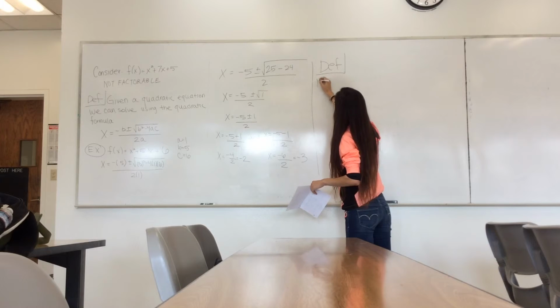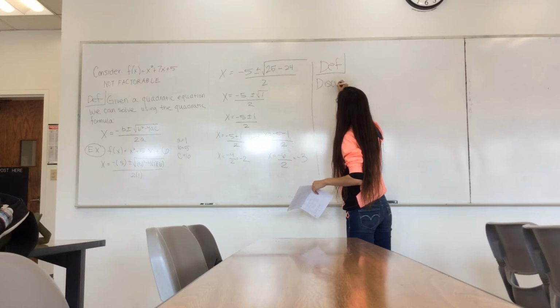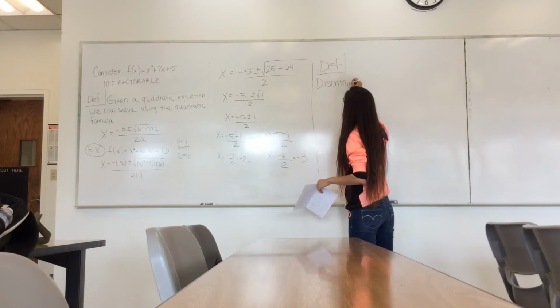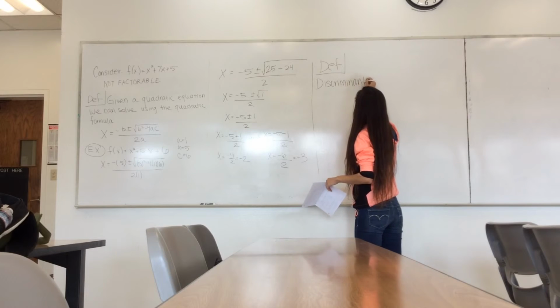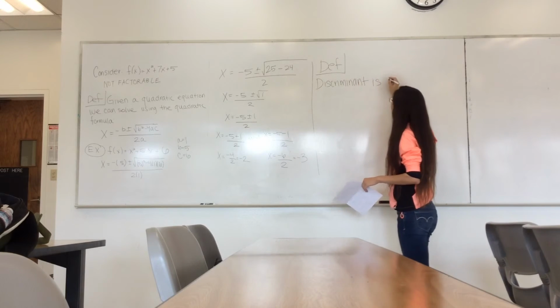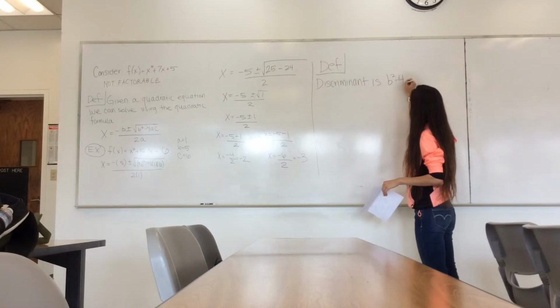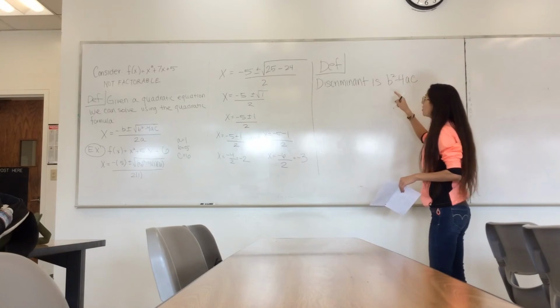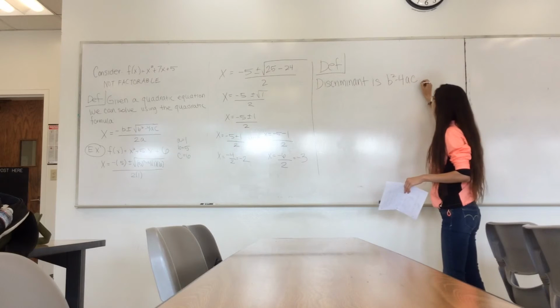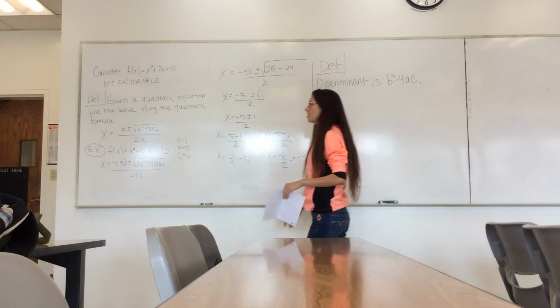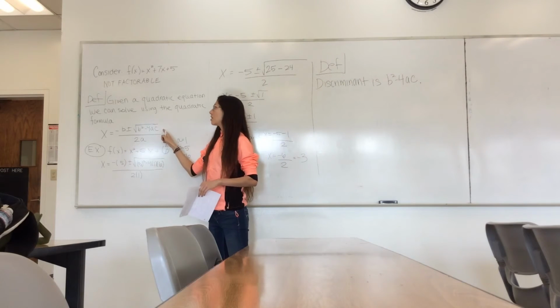A discriminant is, and that is going to be b squared minus 4ac. Notice this, the discriminant, is exactly what's under our square root in our quadratic formula.